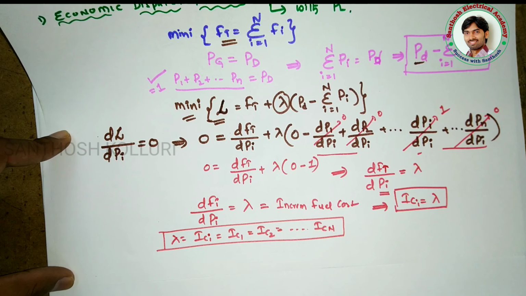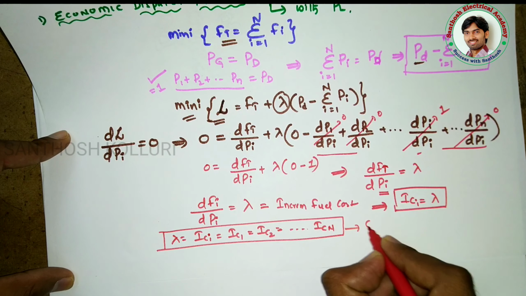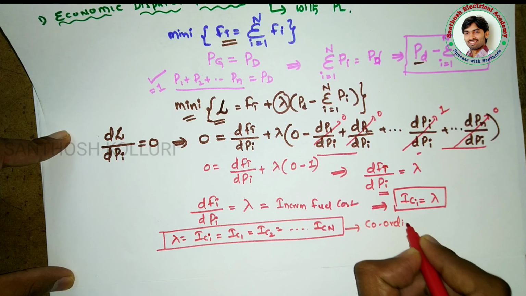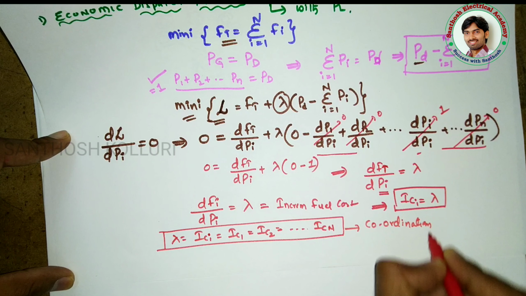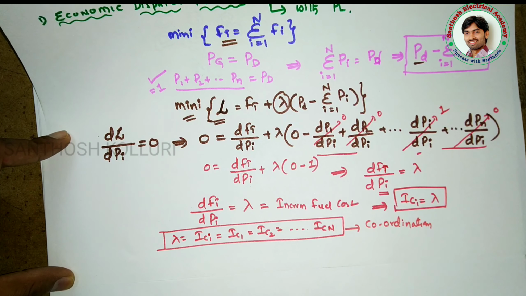The incremental fuel cost of all the generating units must be equal. This equation can be called the coordination equation, or equal incremental cost of production, or you can call it the condition for minimum fuel cost solution.